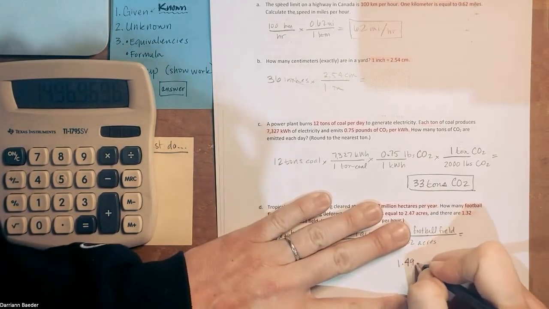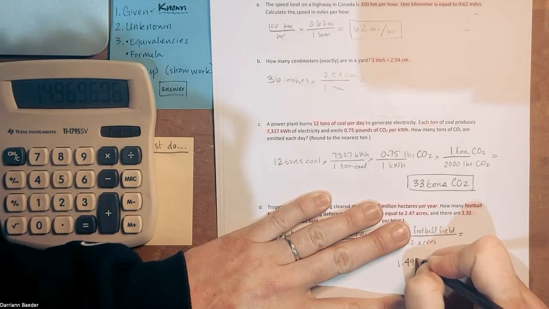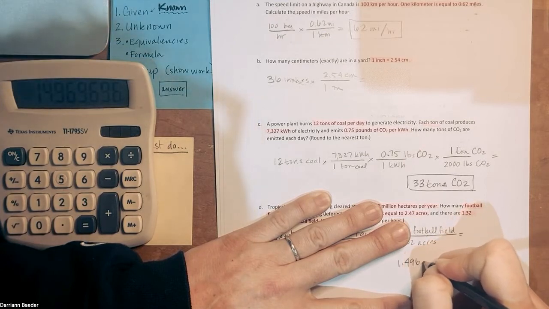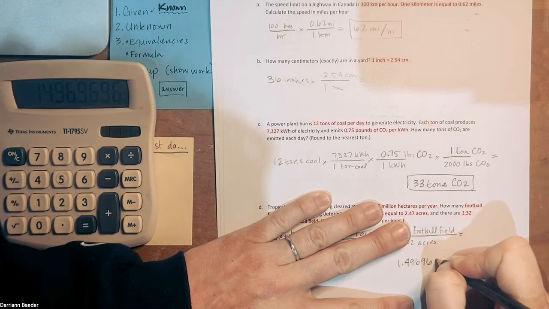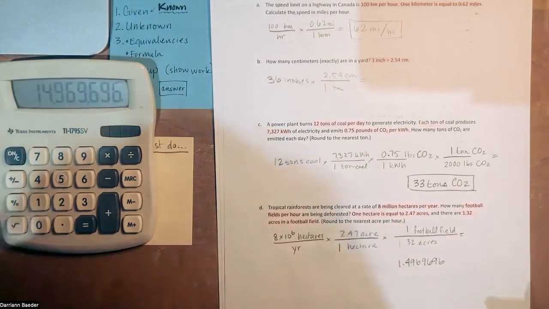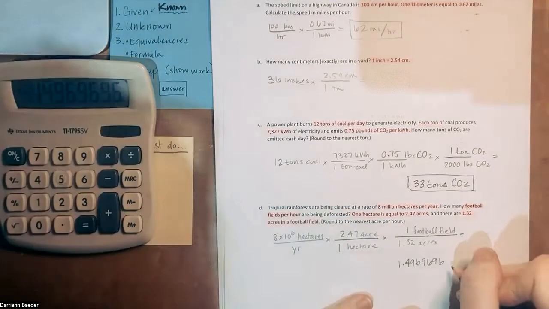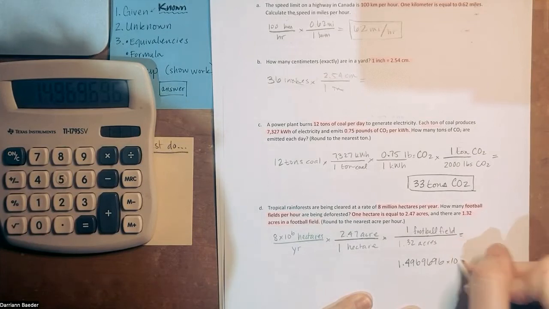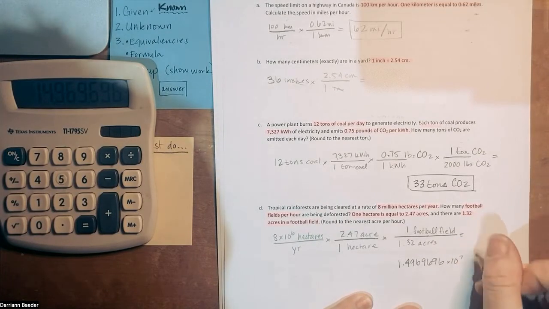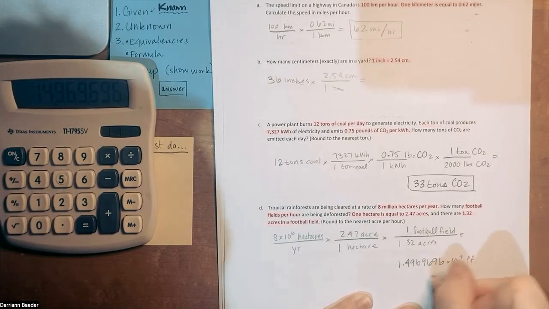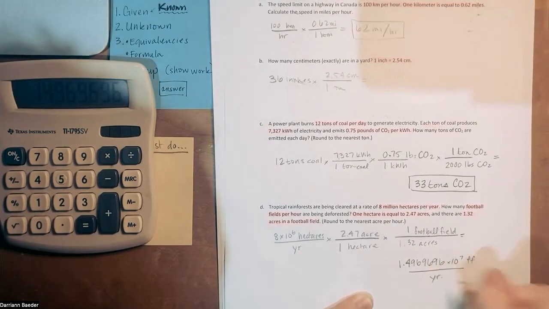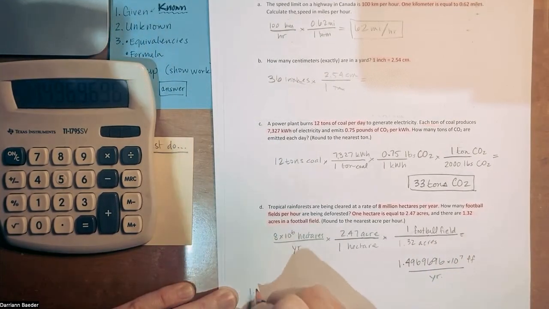Oh boy, that's ridiculous. 4, 9, 6, 9, 6. Oh, repeating 9, 6. Okay, it just repeats. Times 10 to the 7th football fields per year, right? Okay, so here's where we're going to start off.